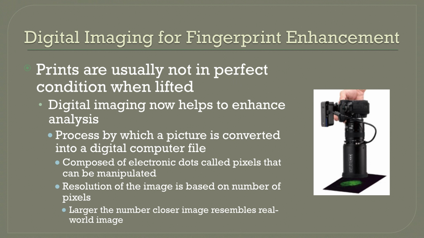Digital imaging is a process by which a picture is converted into digital computer files, and those files are composed of electronic dots that we refer to as pixels, and those pixels can be manipulated. The resolution of the image is based on the number of those pixels. The larger the number, the closer the image resembles the real world image, and the better the analysis can be.